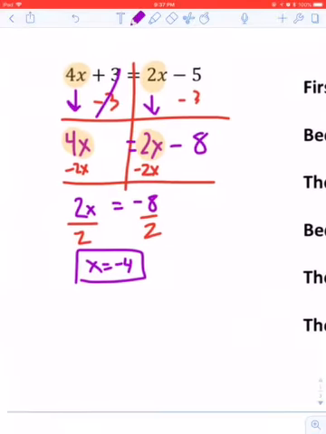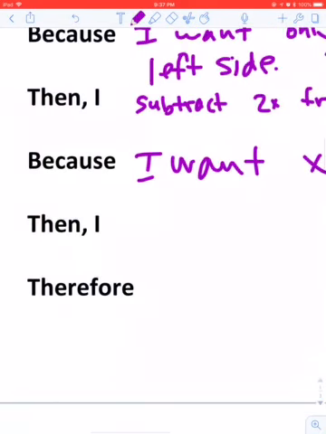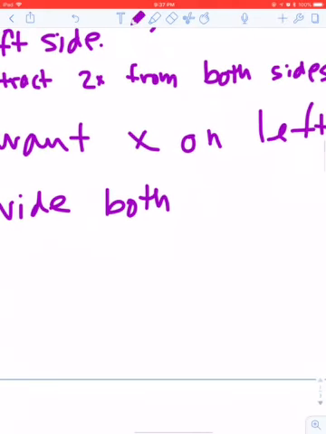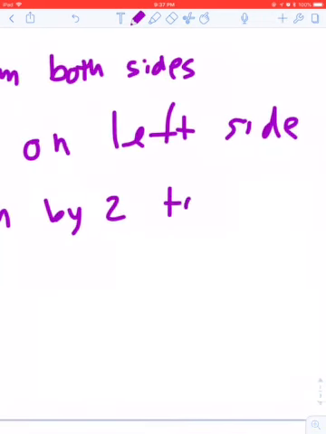Okay, and then last thing we did was we divide both sides by 2. Then I divide both sides by 2 to get x by itself.